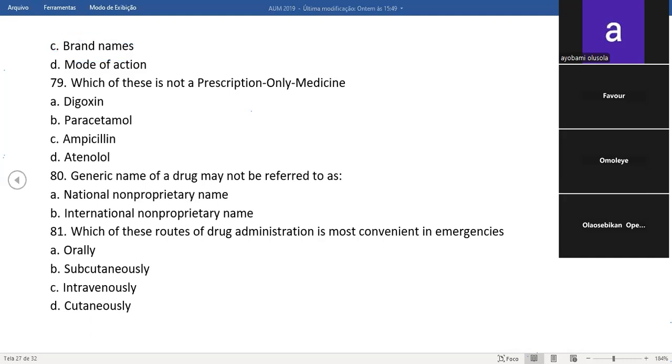Which of this is not a prescription-only medicine? B. Yeah, B, paracetamol. Paracetamol is an OTC medication. Generic name of a drug may not be referred to as A. National non-proprietary name.